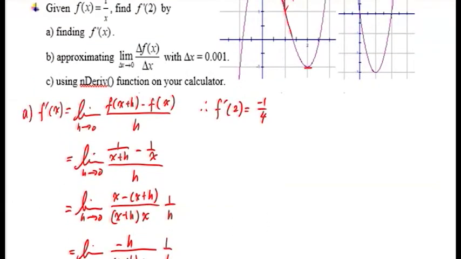Now, that was part A. Now part B. I'm going to do part B in blue. We are supposed to approximate it by using the size of delta x. Okay? So let's do that. f prime of 2 is approximately equal to, remember that? Because if you lose 1 point, that's a big penalty now.